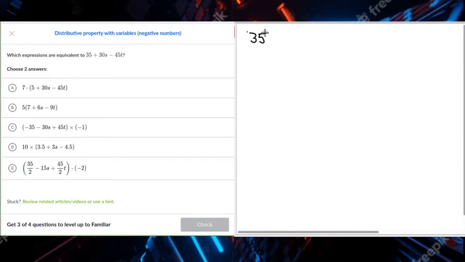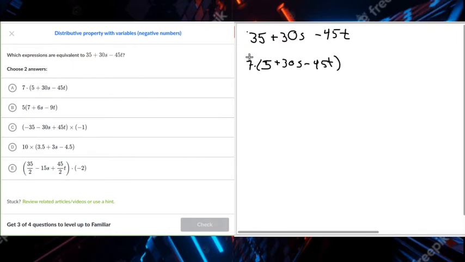So we want it to be equivalent after we distribute and combine like terms. We want it to equal that. So the first one is 7 times 5 plus 30s minus 45, and I'm not going to use the tile method here because we've got so many to do.